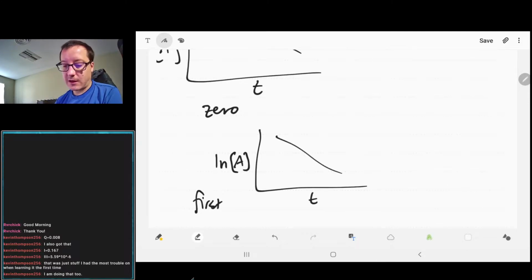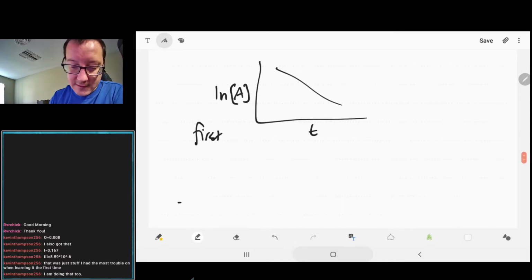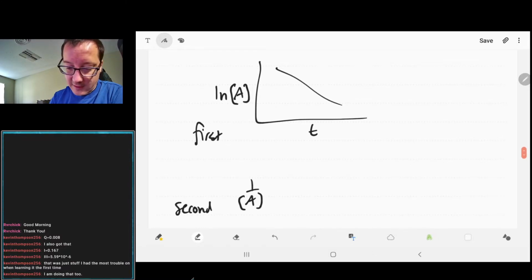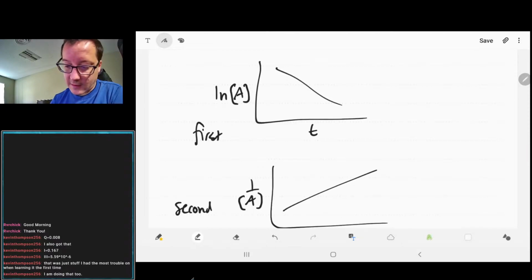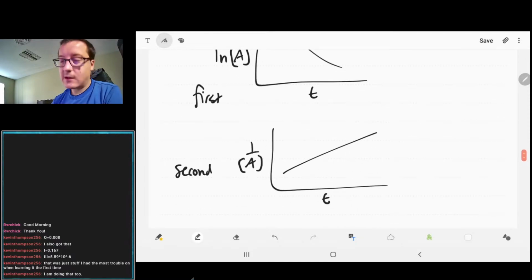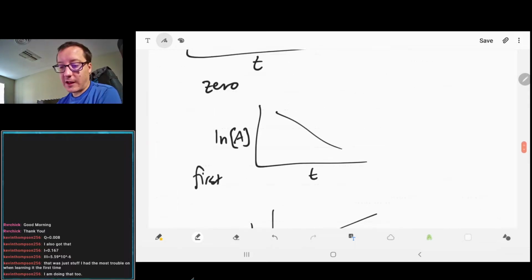That one should be straight. And then for a second order, you're looking at the inverse, and that'll go up like that over time. So just remember your graphs are like that.